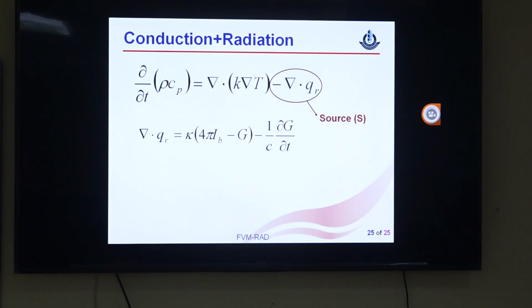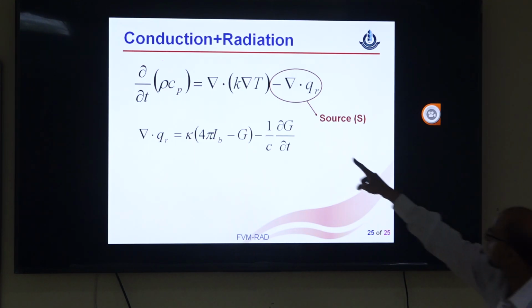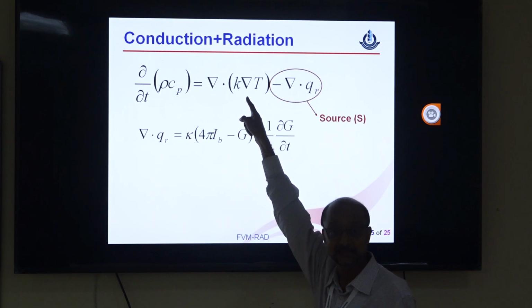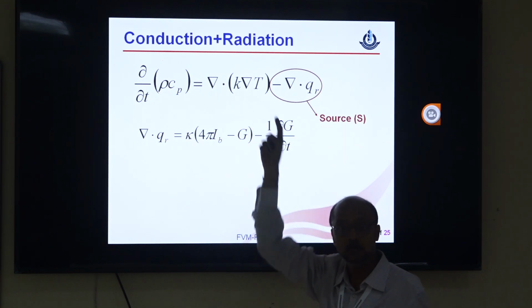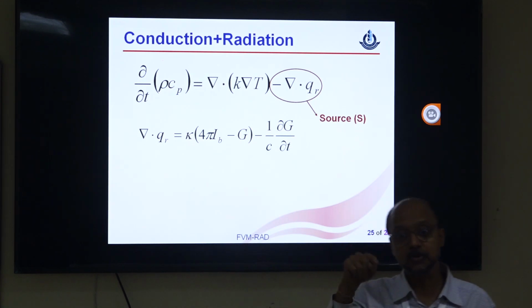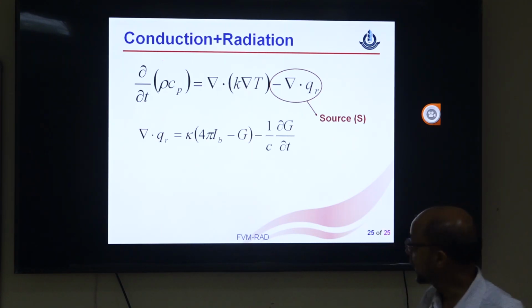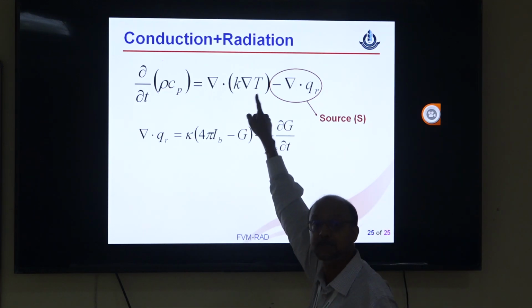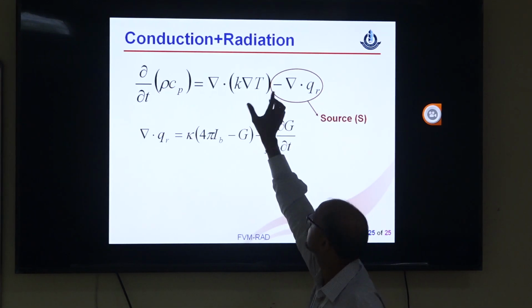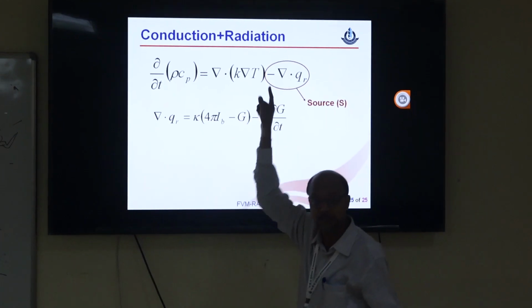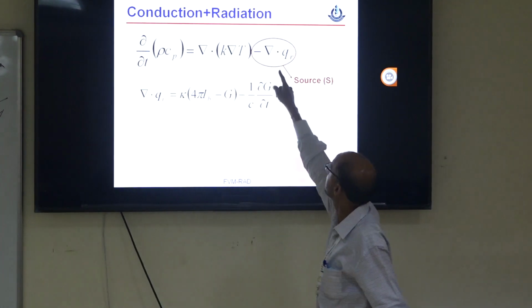Because it looks like the conduction term, which is nothing but minus del dot qc. Now because it is conduction plus radiation, q is qc plus qr. So actually it is minus del dot qc plus qr, where the conduction part is from Fourier law and the other is the radiation part.